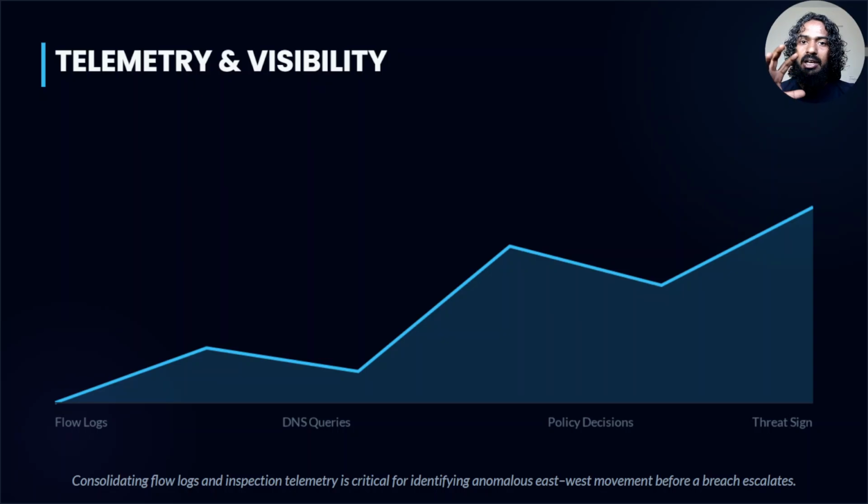All this needs to be collected in a centralized solution. It can be your SIEM. So if you can't see these flows, practically segmentation doesn't exist, right? So security architects usually ask, can I trace a packet from a user to a database? If not, good luck, you're dealing with an incident.